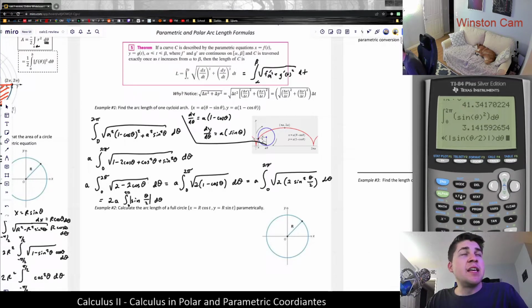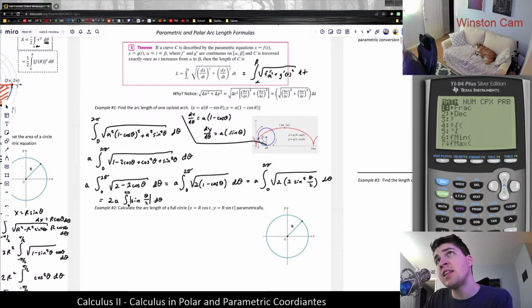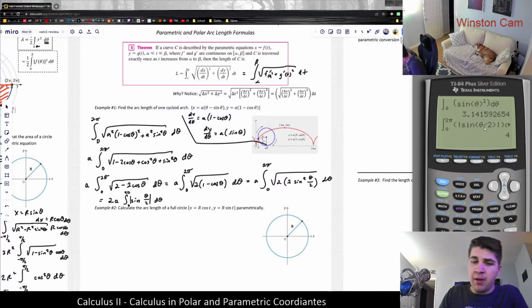We have the integral of sine theta over 2, and I even put the absolute values. If you missed that, the absolute value you can find in the math menu under num, if you're ever trying to integrate an absolute value function. What we end up getting is 4 from that, and cool, it did work.